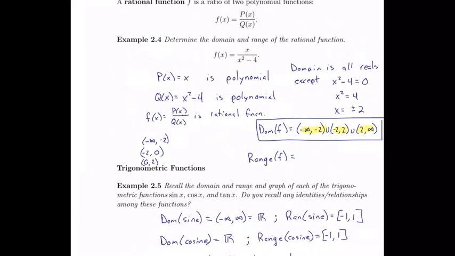So maybe you set up a table with these 3 intervals forming 3 rows, and then you put x and x squared minus 4 along the columns on the top, and then you just check to see whether or not it's positive or negative and whether or not x goes on to infinity or negative infinity. Another way to come up with one of these ranges is to look at a graph of this function, and you can see whether or not it covers all real numbers and what it might exclude.